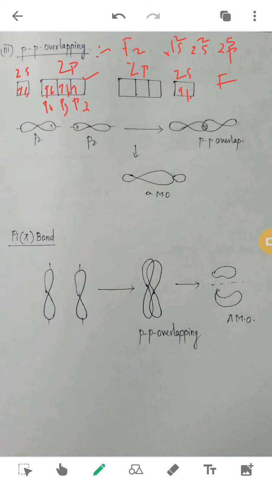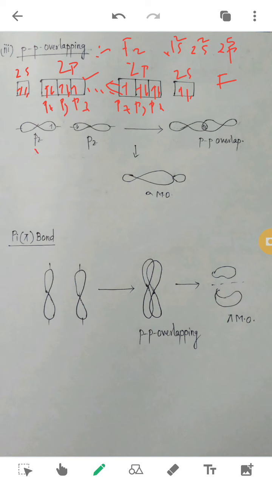Now this is my px, py and pz, just for understanding purposes I have made it this way. From px we start: 1, 2, 3, 4, 5. So pz is again left. In both the atoms, pz orbitals are left with one electron, so that can overlap obviously.